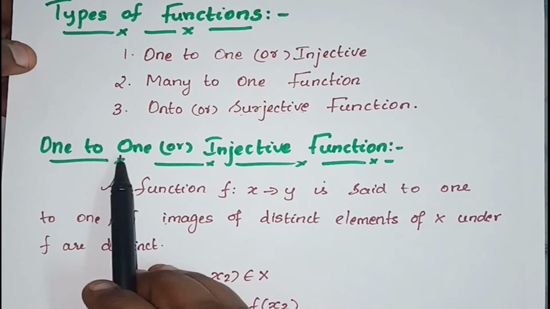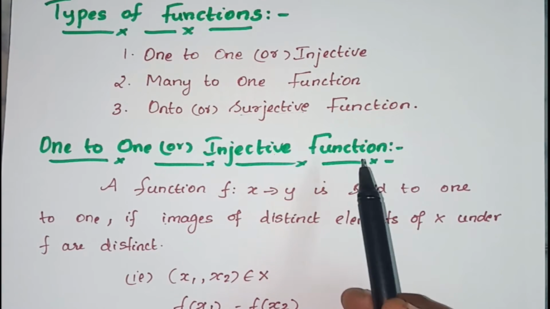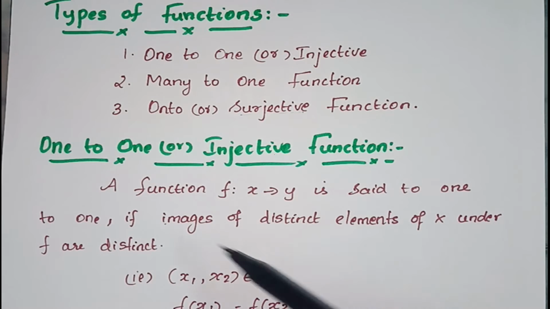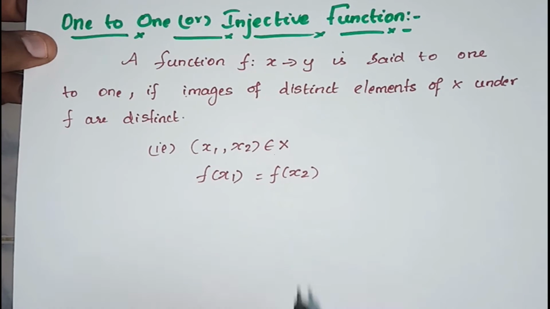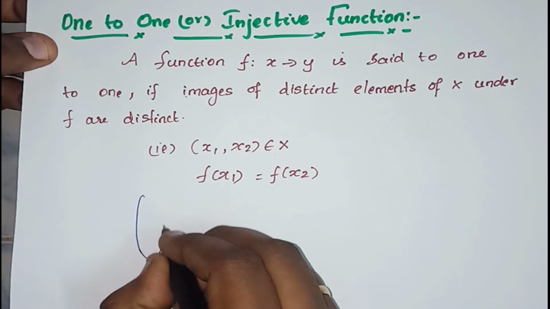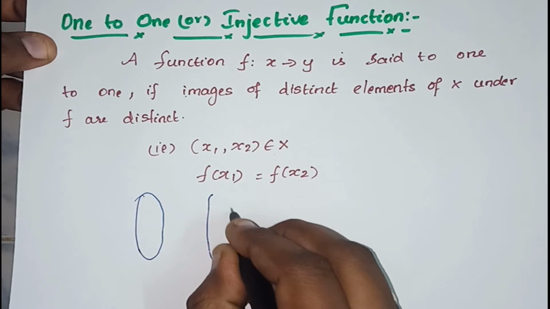The first one is one-to-one function. What is meant by one-to-one function? We will understand this concept by a simple example. I am taking two sets, an X set and a Y set.